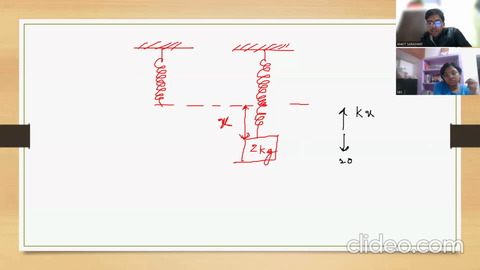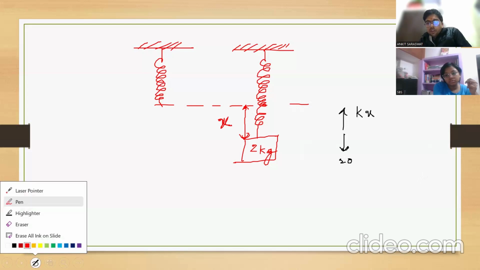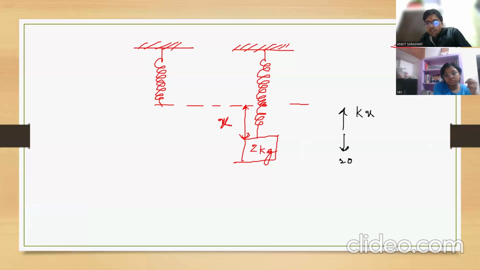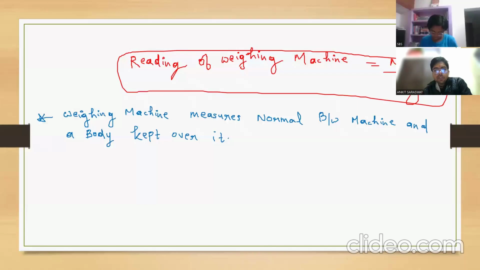Now if you increase the weight, what I have explained is that a weighing machine reads the normal reaction, the normal between the weighing machine and a body kept over it.